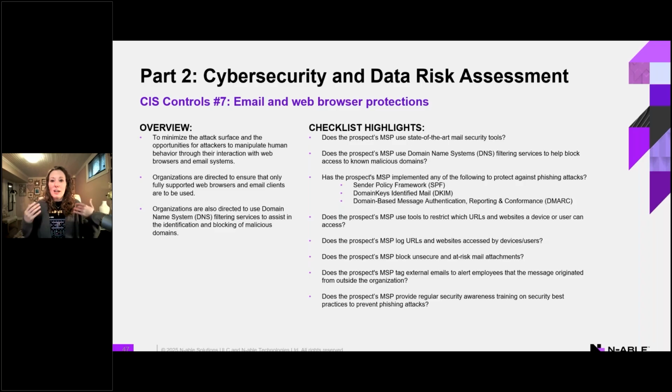Attackers are targeting email, they're targeting web browsers with a bunch of different types of attacks. The most popular, most successful types of attacks are social engineering attacks and phishing attacks. Web browsers and email clients are very common points of entry of attack because of their direct interaction with users and with other systems and websites.